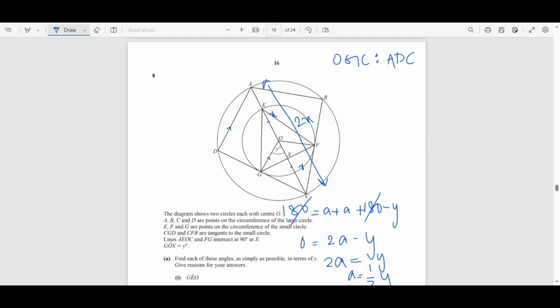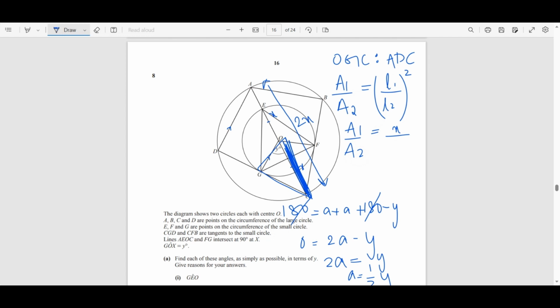Because we are interested in the ratio for the areas, let me label the area of OGC as A1 over the area of ADC as A2. This gives the ratio of corresponding lengths on the sides of these triangles, whole squared. So L1 is any length on triangle OGC. Because we know nothing about the other two sides, this is the only length we know, which is assumed to be x, divided by L2.